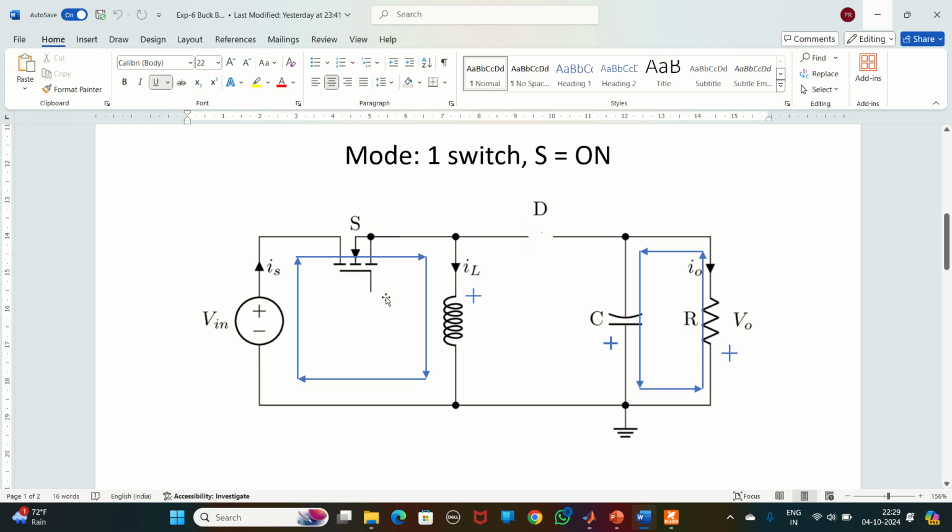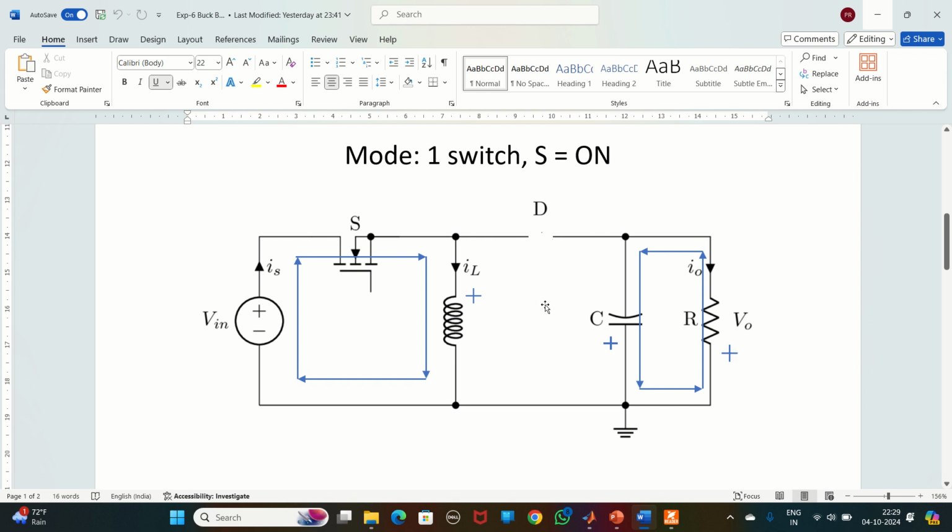At the same time, whatever charge is in the capacitor will discharge through this resistor. Please note the polarity here, the flow of current. The flow of current is from here, that is positive, so here it is positive and here it will be negative.